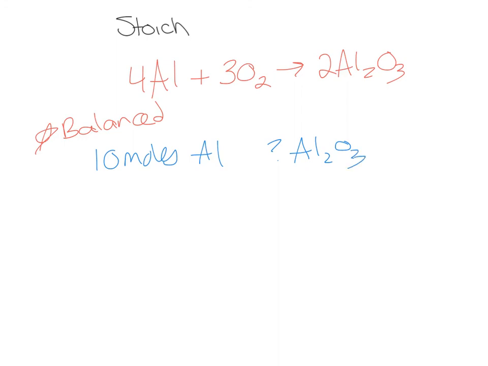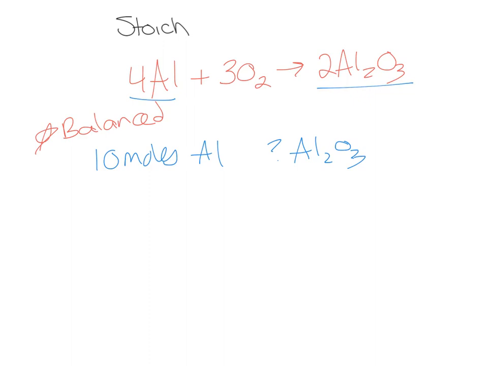Okay, I'm going to start by going to my equation and pulling the two things I'm asked about, which are aluminum and aluminum oxide. Yes, oxygen is part of this equation too, but I'm assuming I have enough of it. When you get to AP Chem someday, that's when we have a little bit more information and we can't make that assumption. But as far as we are concerned, you can assume that you have enough of any other reactant.